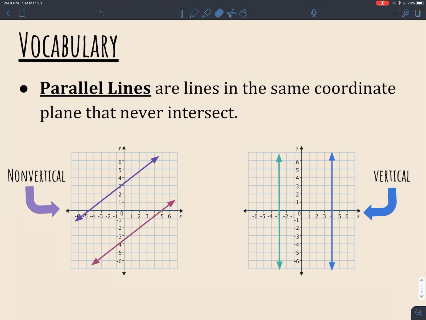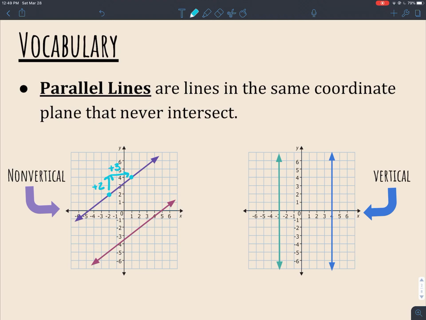What I want you to notice is in the first diagram on the left, we have two lines that have a positive slope. If we find the slope of the first line, picking this point and this point, we are going up 2 and right 3.